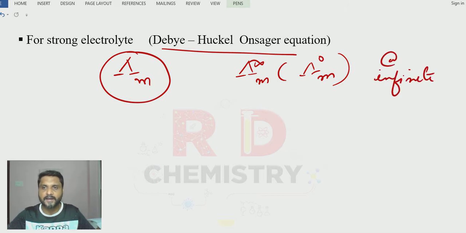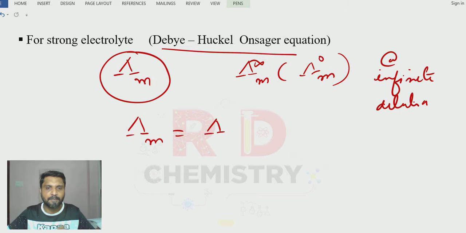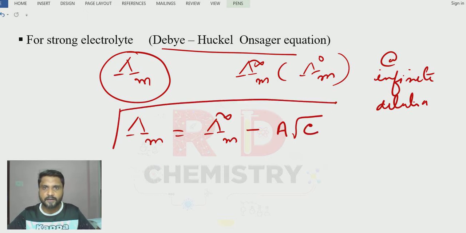So the formula would be lambda m is equal to lambda m infinity or lambda m 0, molar conductivity at infinite dilution, minus a constant for the given electrolyte into square root of the concentration C. So this is known as the Debye-Huckel-Onsager equation, right?